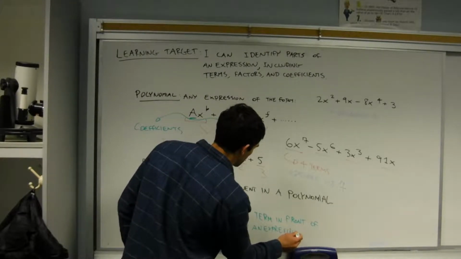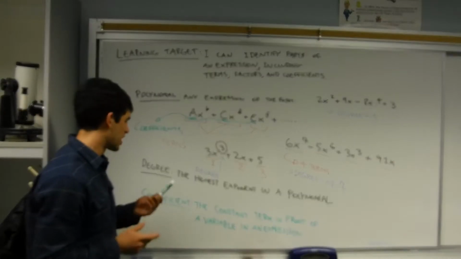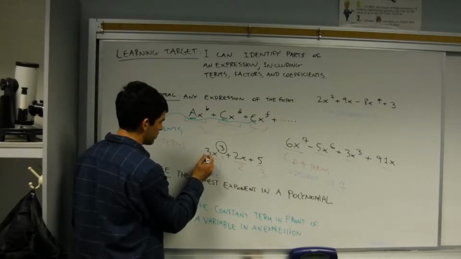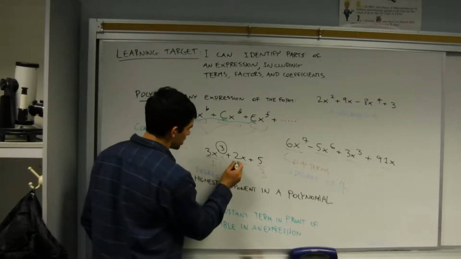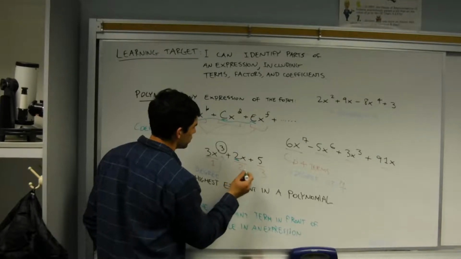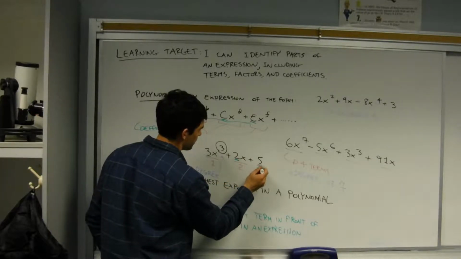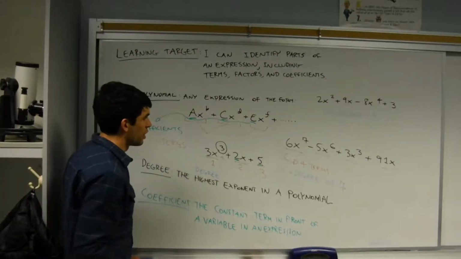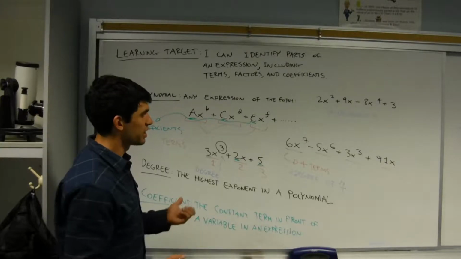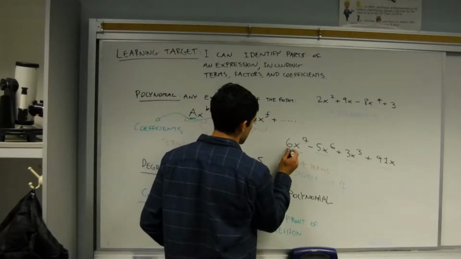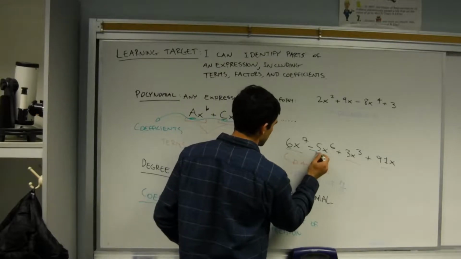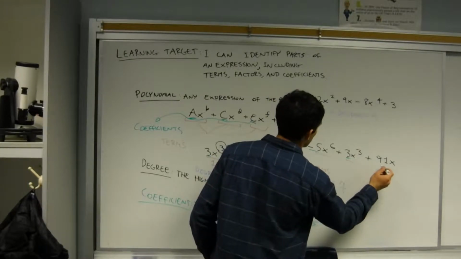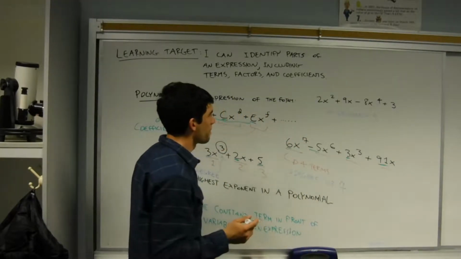Each term will have its own constant. In this example, the constant for this term would be 3. The constant for this term would be 2. The constant for this term would be 5. So our constants are 3, 2, and 5. You can also have negative constants. Here this constant is 6. This constant is negative 5. This constant is 3. And this constant is 91.